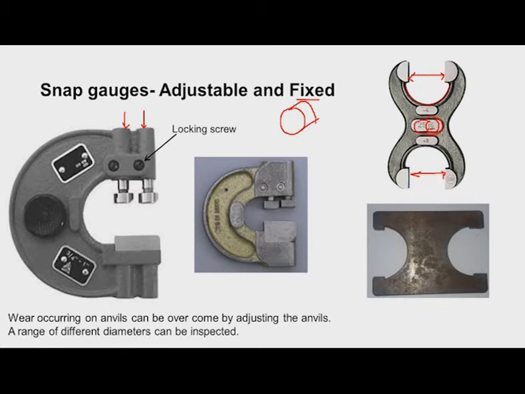So we have to unlock these screws and take a screwdriver and operate these screws, so that these anvils will move in and out, and then using the slip gauge we can fix what is the size that is required for go and what is the size that is required for no go.